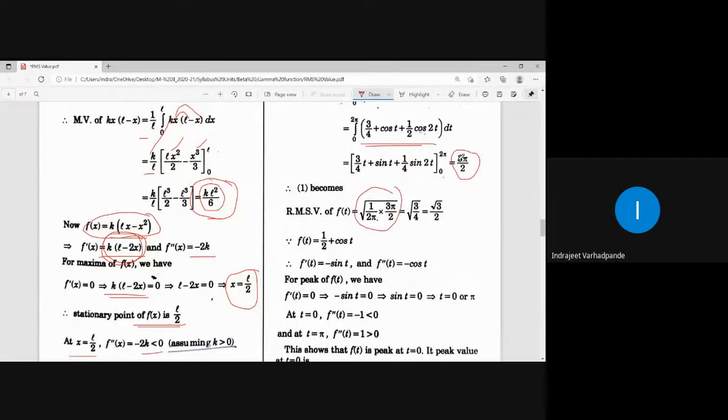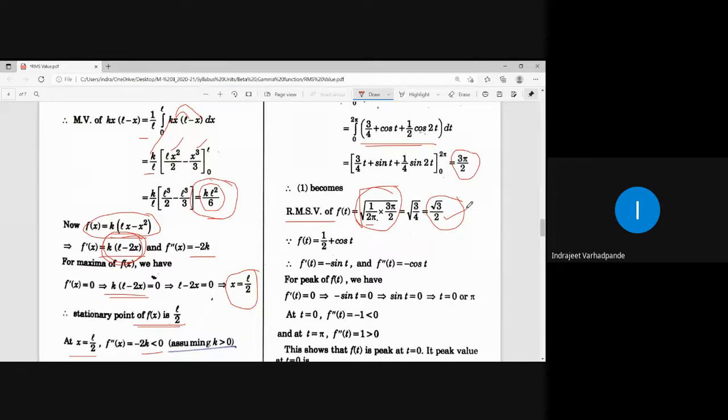So I multiply 3 pi by 2 with 1 upon b minus a, which is 1 upon 2 pi, and then take the square root. What is the square root coming out as? Square root is coming out as root 3 by 2. So for the given function f of t, the root mean square value comes out to be root 3 by 2. But now I have to get the peak value.